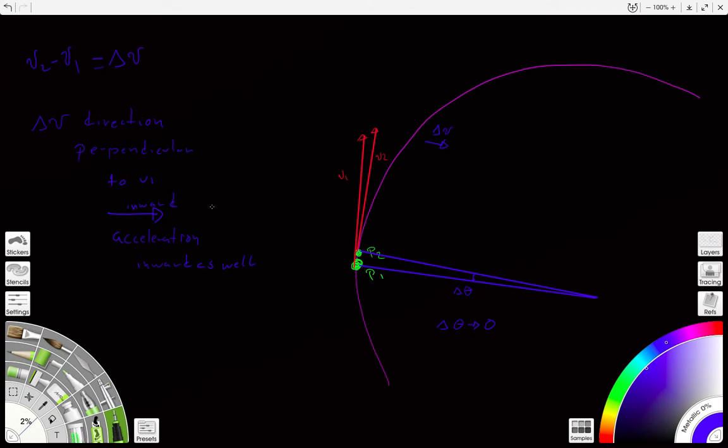So if delta V goes inward, that implies that there is some force accelerating it, that there is a delta V in that direction. That means there is an acceleration in that direction, and that implies there is a force that creates that acceleration. And this force, since it goes inward, is called centripetal.